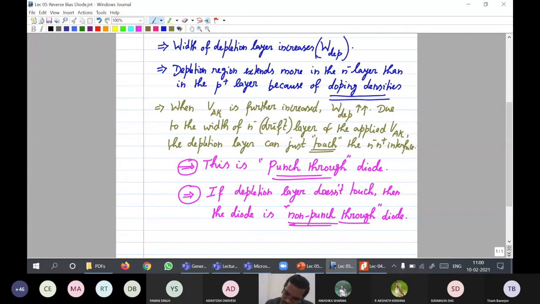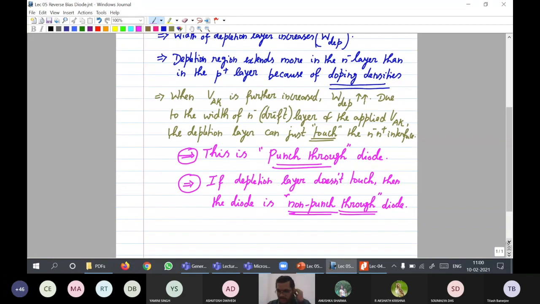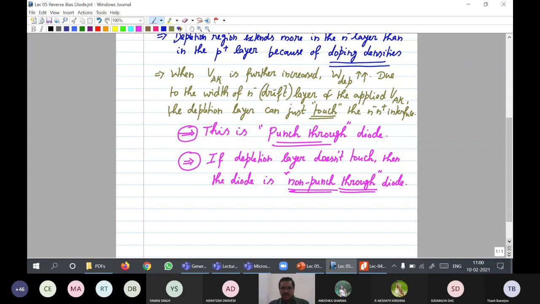Now these are the two broad categories. Now I'll tell one more point among these two, which is more advantageous, which is more preferred. Actually, punch through is preferred. It may sound like punch through is a detrimental phenomenon. In fact, when I was going through this for the first time, punch through would mean the charge carriers are simply punching through that interface.